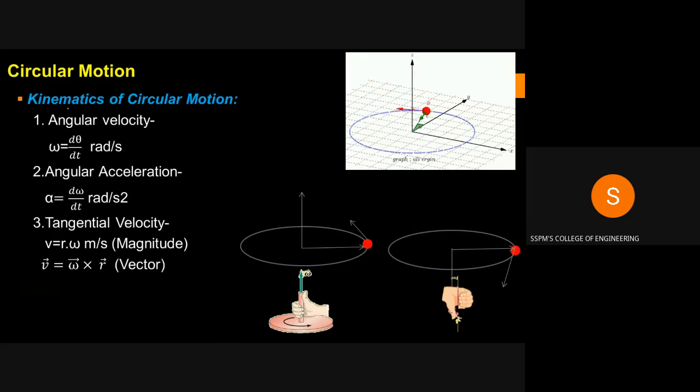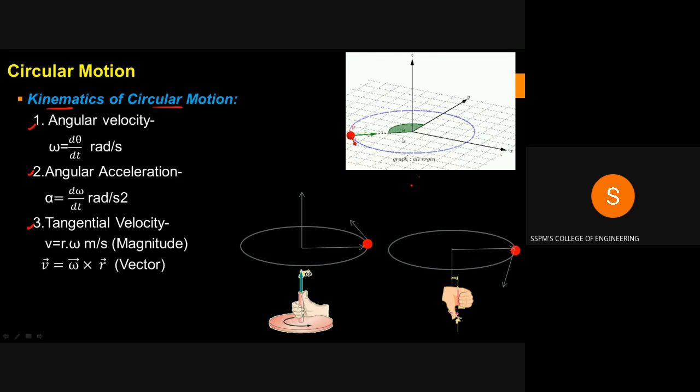Let us see the kinematics of circular motion. In the kinematics, we are going to calculate the angular velocity, angular acceleration, and the tangential velocity. You can see here the point P performing circular motion around a circle of radius r.